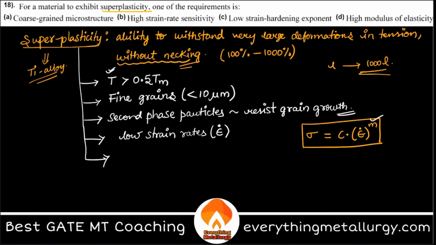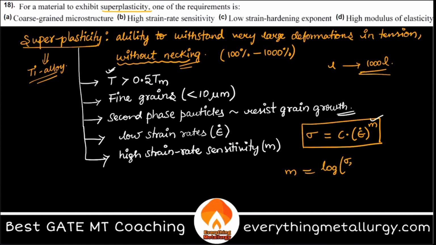And obviously we can say about that m over here. m is my strain rate sensitivity. So high strain rate sensitivity, which is m, higher m is required. Before that, what is m? m is log of sigma 2 by sigma 1 divided by log of epsilon dot 2 by epsilon dot 1.